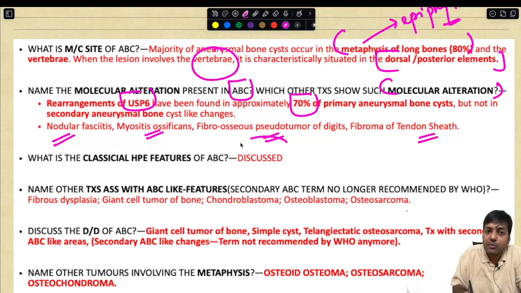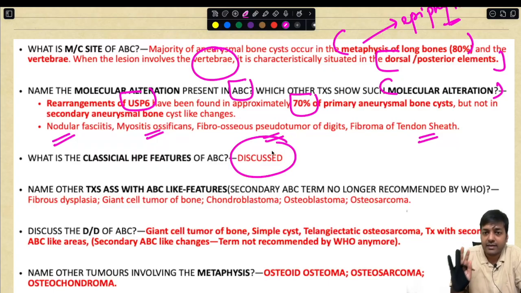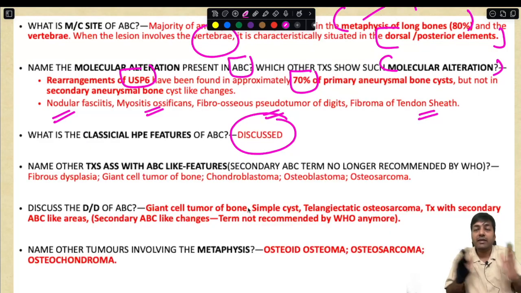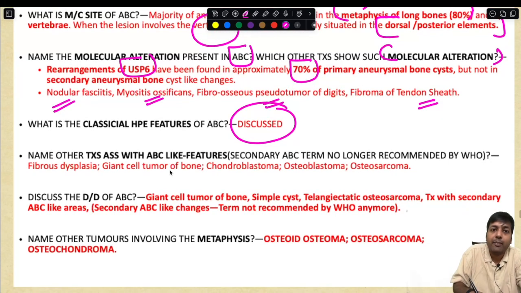What is the classical histopathological feature of ABC? We have already discussed it in detail. Name other tumors associated with ABC-like features. As I told you, ABC can be primary, having USP6 rearrangement, or it can occur as a secondary change, secondary to certain conditions. For example, ABC-like features can be secondary to giant cell tumors.